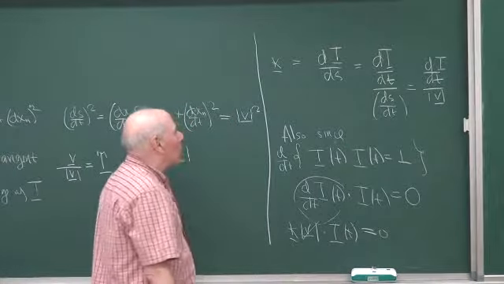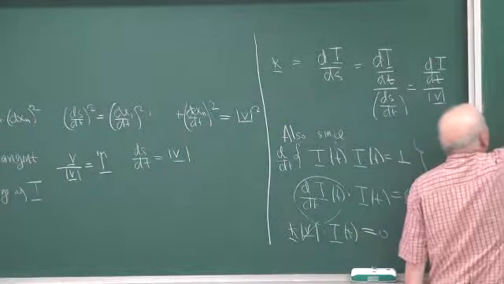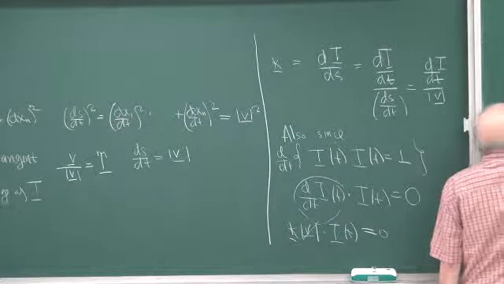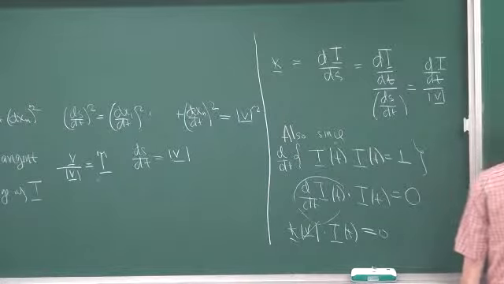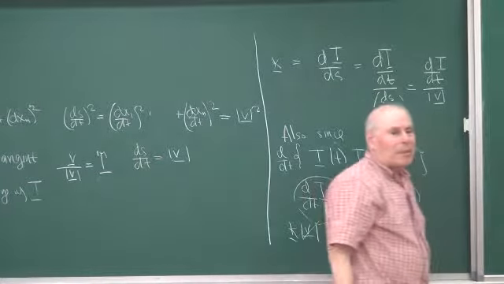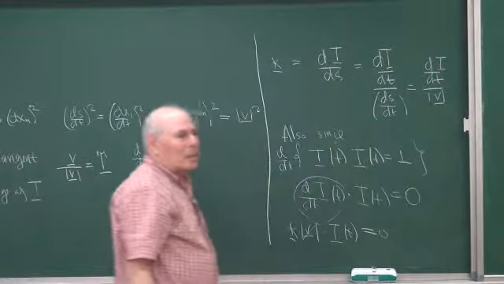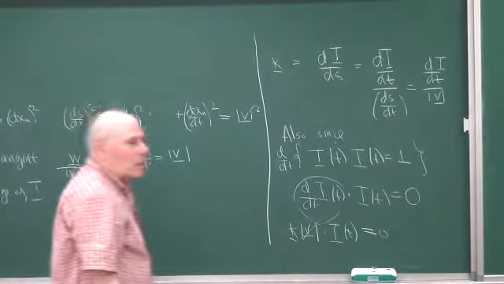So the curvature vector is orthogonal to the tangent vector, so that kappa is a constant of proportionality times the normal vector. And that constant of proportionality is the scalar curvature.